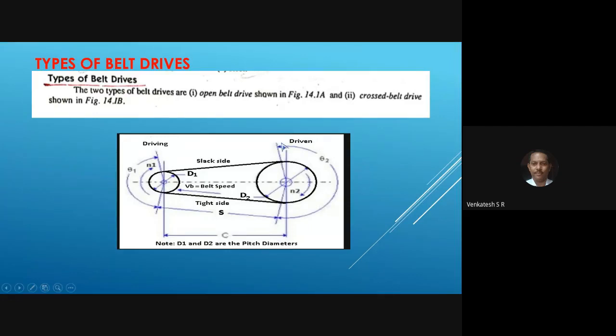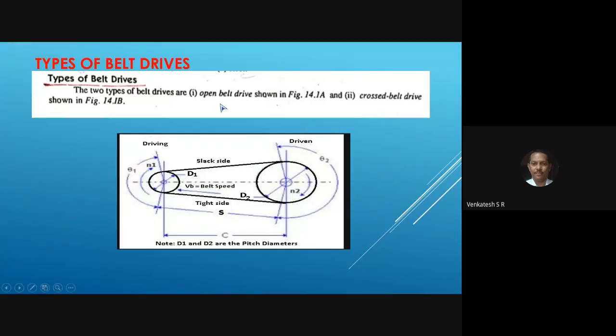As I told you, the types of belt drives, underline that. The belt drives are classified into 2 types. Below that, write down number 1, open belt drive. Next line, write down number 2, crossed belt drive.